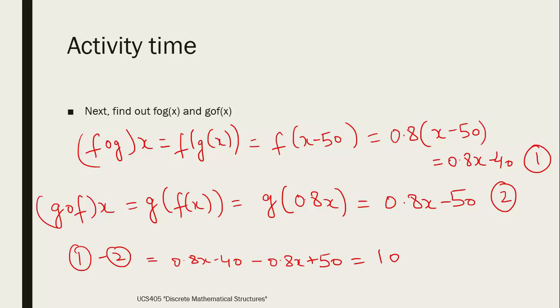So if we apply the discount first, we have to pay less, and the difference is rupees 10. Or we can say that if we apply the coupon first and then take the 20% discount, we have to pay 10 rupees more. This is how you can have various applications of functions in day-to-day life.